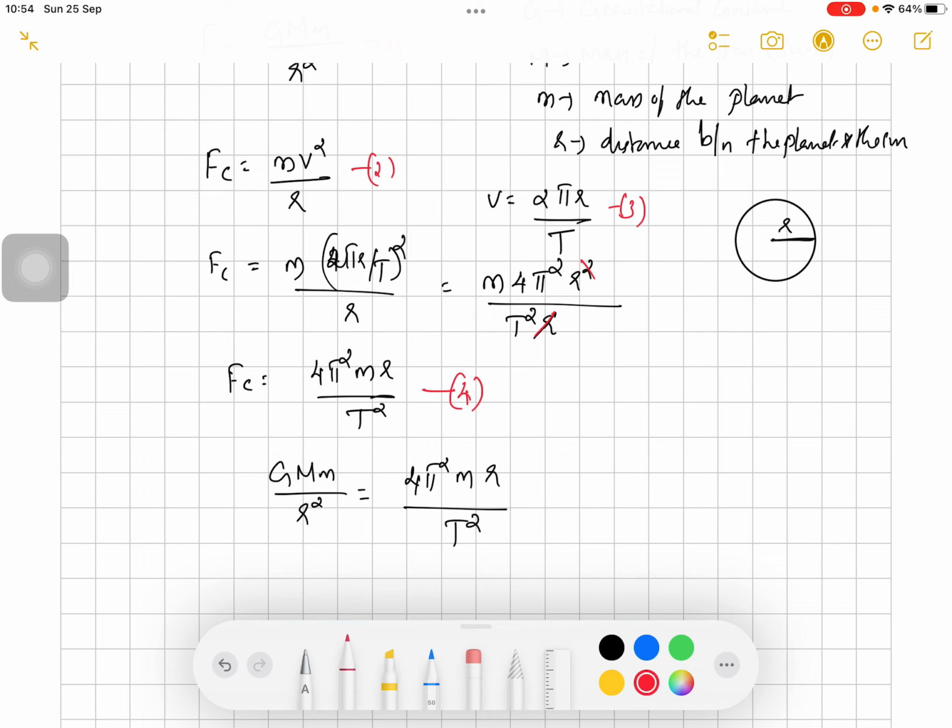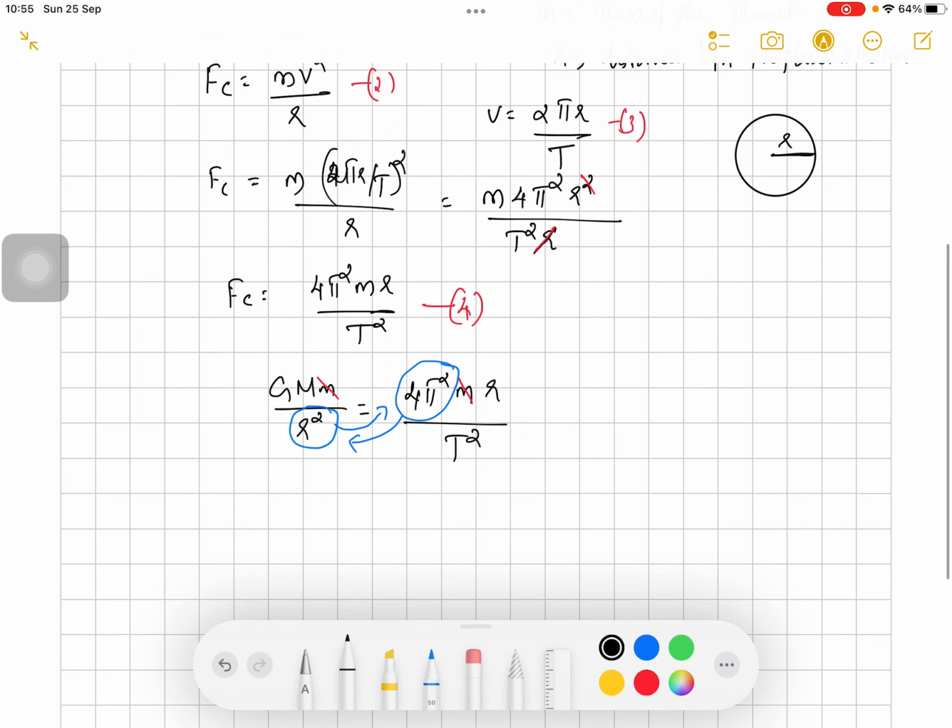The small m is there on both sides, so you can cancel that. Making some rearrangement, the r square in the left denominator is taken to the right-hand side, where it will be in the numerator, and the 4 pi square on the right numerator is taken to the left of the equal sign, so it will go into the denominator.